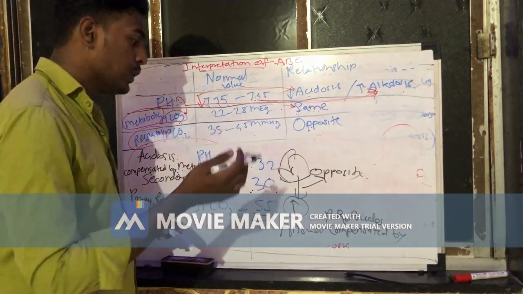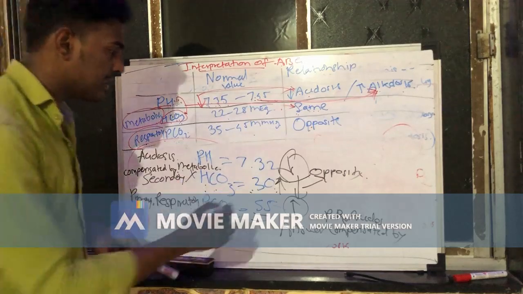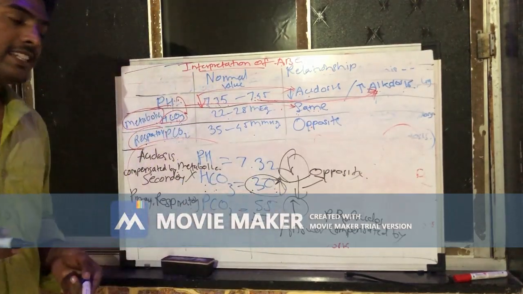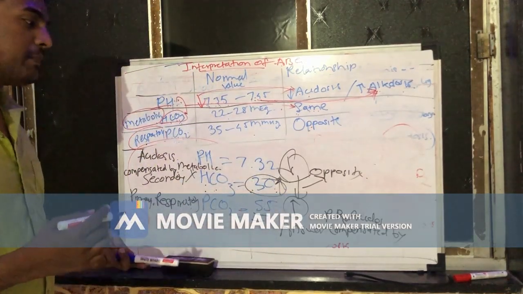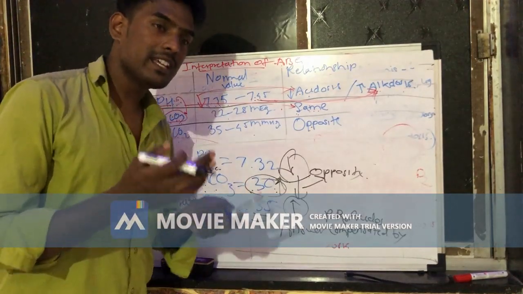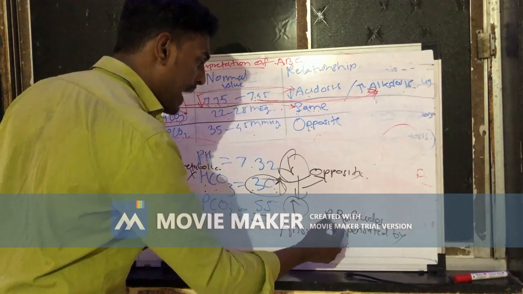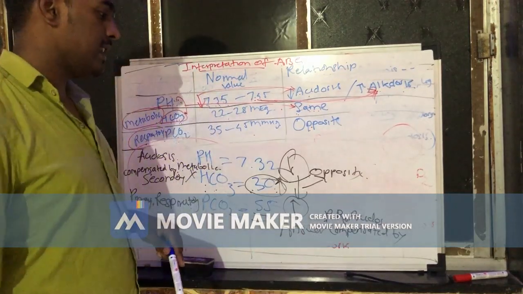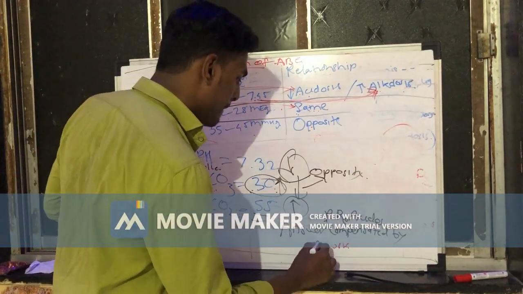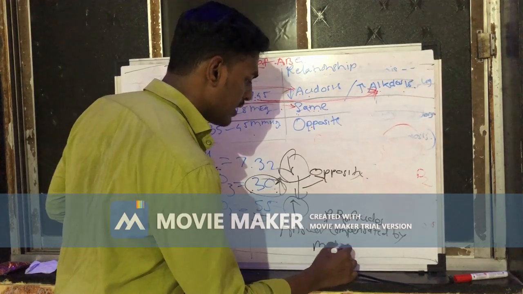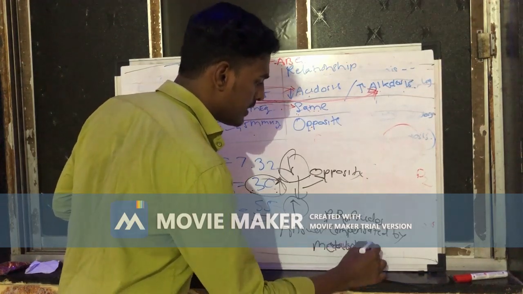He tried to increase the HCO3. If he is trying to increase the HCO3, what does it mean? He tried to increase the pH, because HCO3 and pH have the same relationship. So primary respiratory acidosis compensated by metabolic alkalosis.